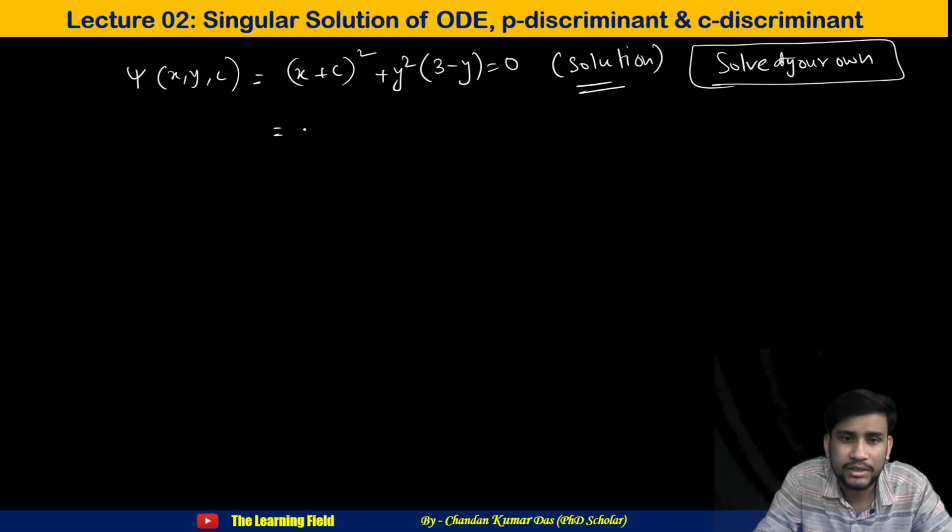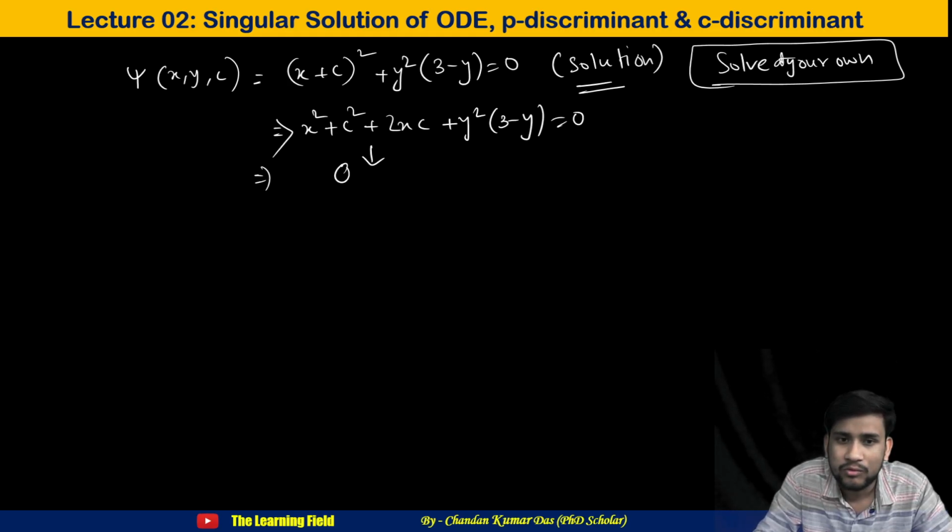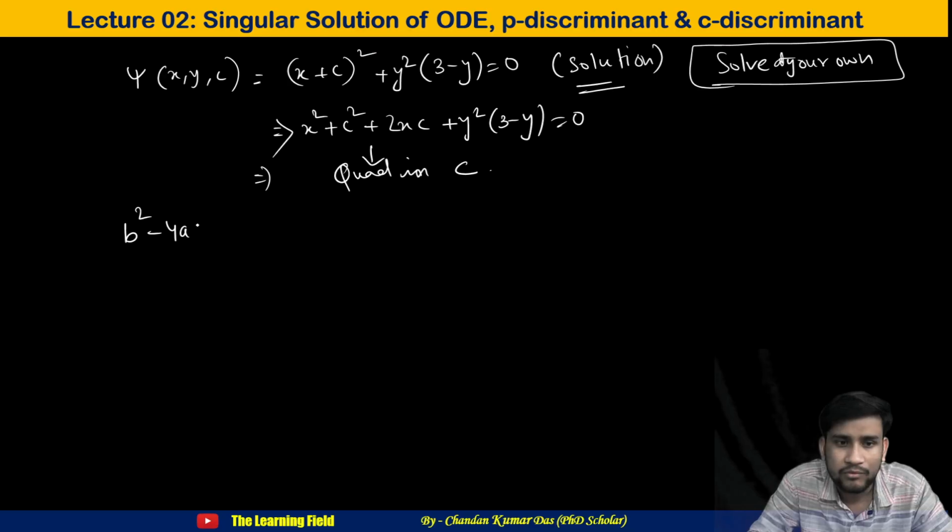Now we can write x square plus c square plus 2xc plus y square into 3 minus y is equal to 0. That means this is a quadratic equation in C. Therefore, we can apply the C-discriminant directly, b square minus 4ac.